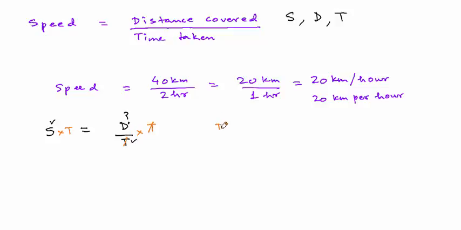Let me write that down. Distance is equal to speed multiplied with time. So we know a way to find this, we know a way to find this. How about t? Let's say S and d are given and we need to find t. Can we do that? Well, if you look at this formula now, d is equal to S times t.